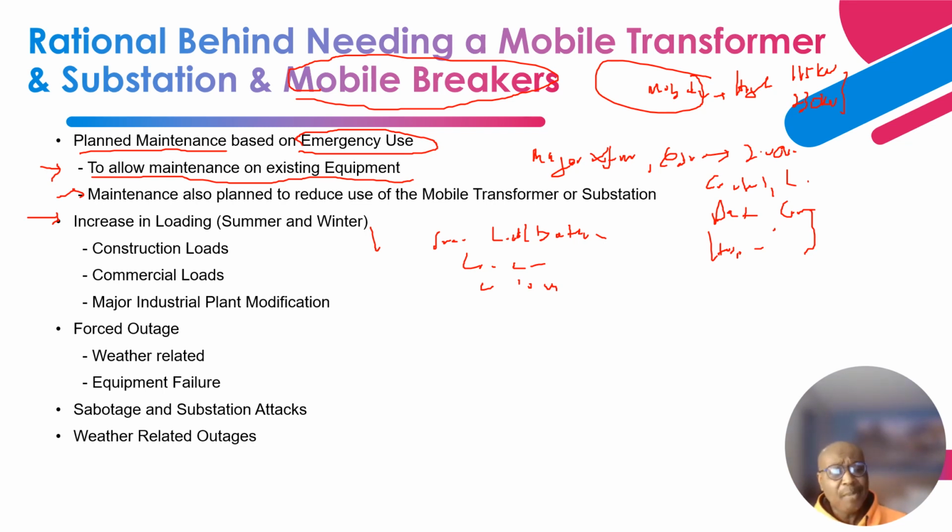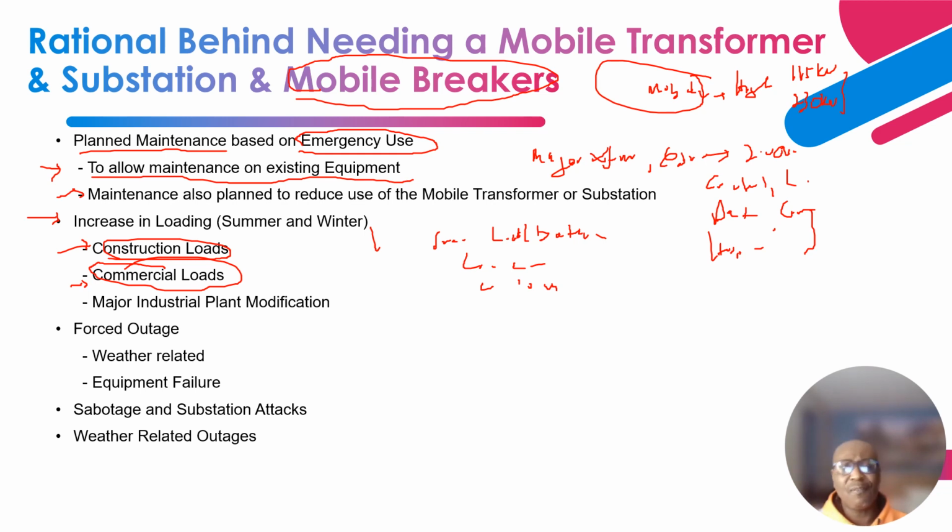Sometimes you can have an increase in load due to construction activities, building new facilities, and I made mention of that: healthcare facilities and also industrial facilities, and also apartments, high skyscrapers and commercial facilities. That also accounts for increasing load.